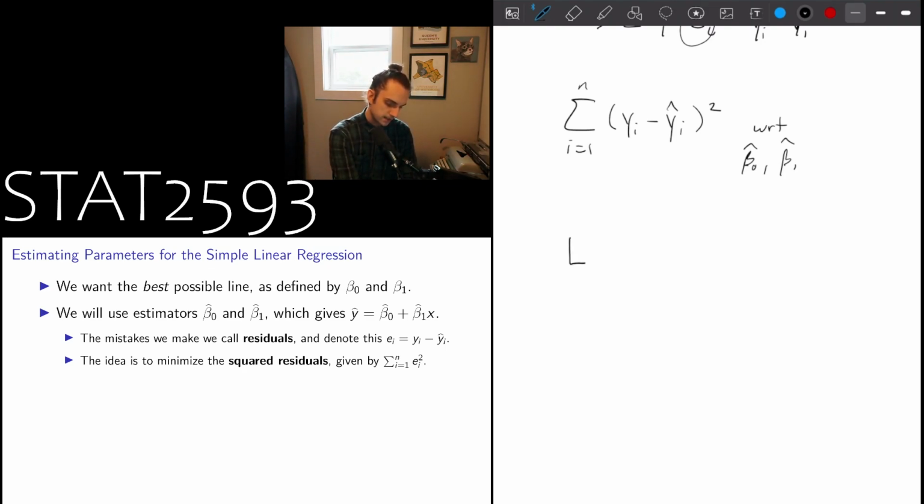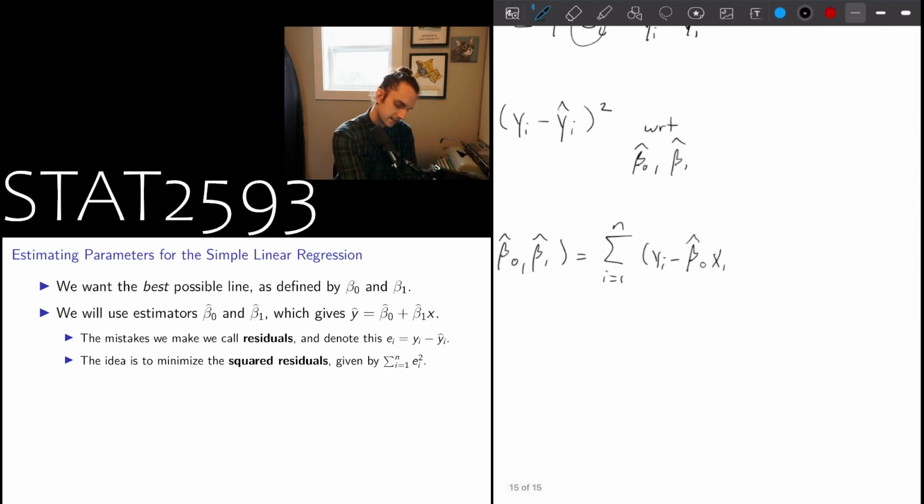So what I'll do is define L here, which is the commonly used letter. In this case, it stands for a loss function, and it's going to be a function of beta 0 and a function of beta 1, and it's given by the sum from i equals 1 to n of y_i minus beta 0 hat, sorry, we should not have an x_i multiplying the intercept, minus beta 1 hat times x_i, and we square the whole thing.